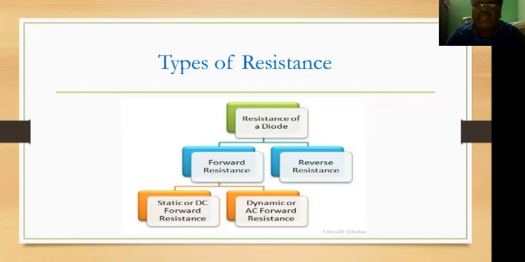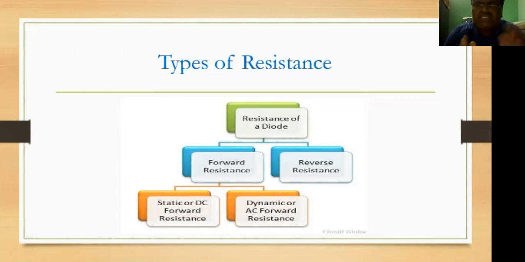Frequently, you may be asked how many types of resistance: two types, static or DC resistance and dynamic or AC resistance. These two resistances are used under the forward bias only.